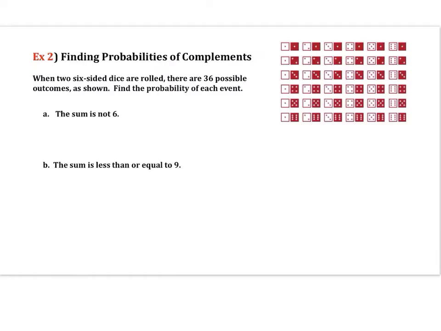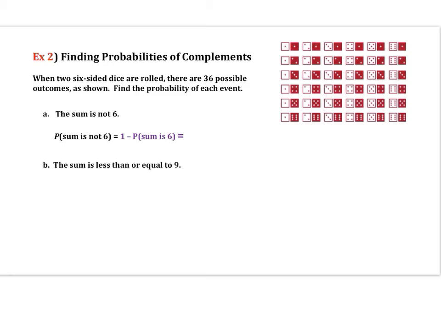All right, let's find the probability of the complements. When two six-sided dice are rolled, there are 36 possible outcomes as shown. Here's your sample space. So find the probability of each of these events. Let's find the sum that is not 6. So that means we want the complement. So we want 1 minus the probability that the sum is 6.